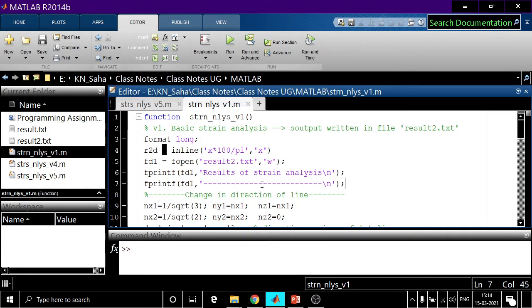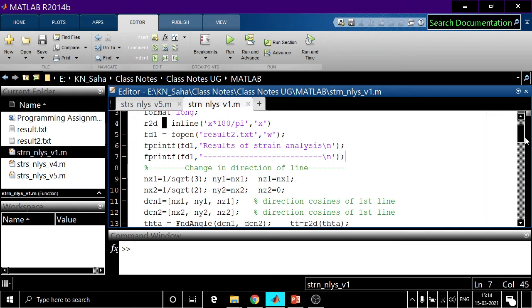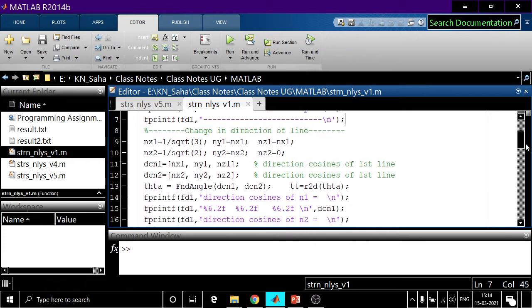When we write anything in our result file, that means result2, we are using a formatted statement, and here we have used 6.2, and that is why we will get only 2 decimal digits in our result.